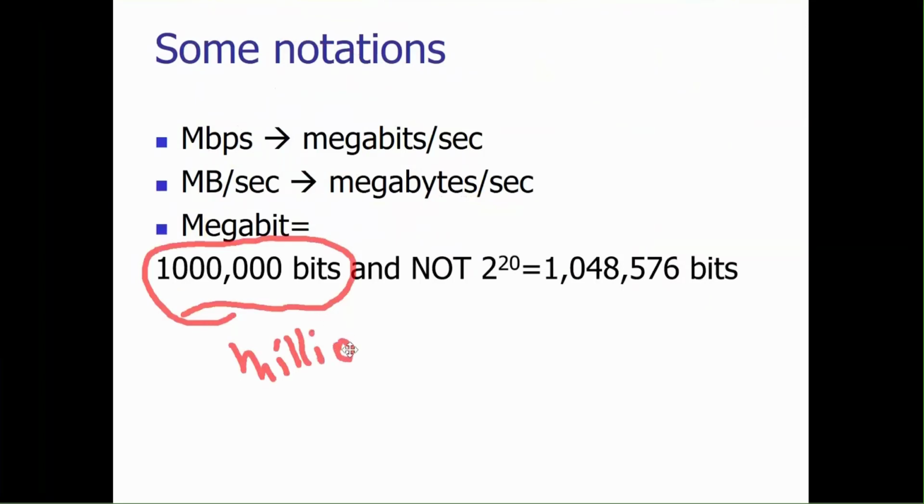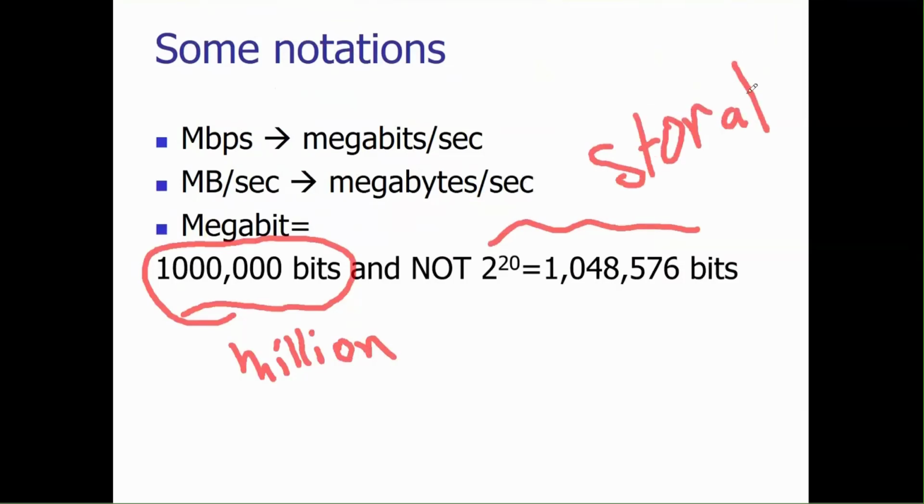In terms of data storage, in your hard drive, a mega is not a million. When we talk about storage, computers use binary. So if I'm talking about a mega in computer storage terminology, it's definitely not a million. You see the difference? In networking, they agreed on it.